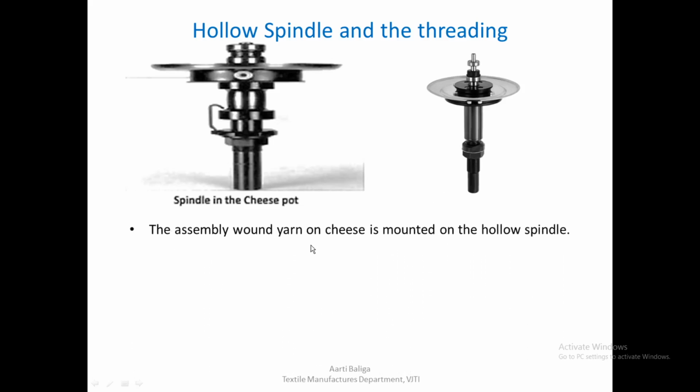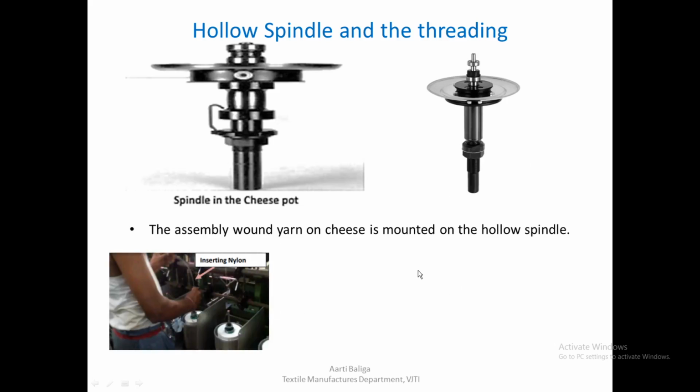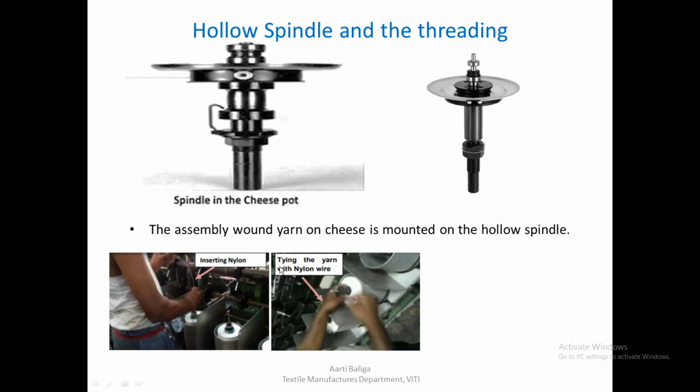The assembly wound yarn or cheese is mounted on this hollow spindle, and the threading of it, or rather how to insert the yarn, is done in steps. First, the nylon wire is inserted. It's a stiff wire which is inserted into the hollow spindle from top to bottom, and then the yarn is tied with the top end of the wire.